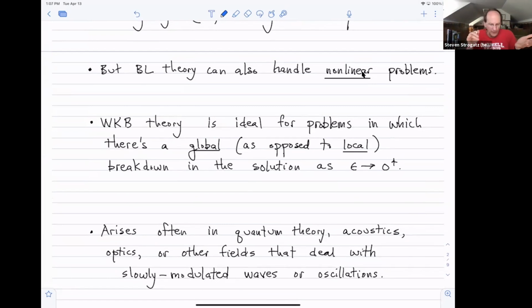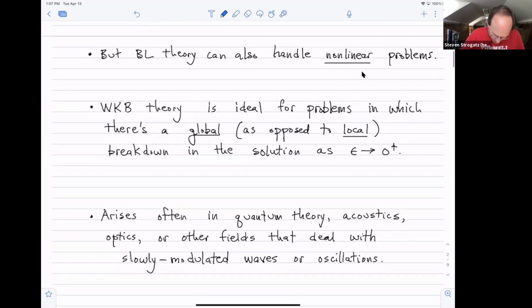In electrical engineering or communications, that'd be like the carrier and what's the other thing called? What's the envelope called? Like when you have amplitude modulation, right? You have this fast signal and then the slowly varying amplitude. So this comes up all over the place in quantum mechanics, in acoustics, any subject that deals with waves, optics.